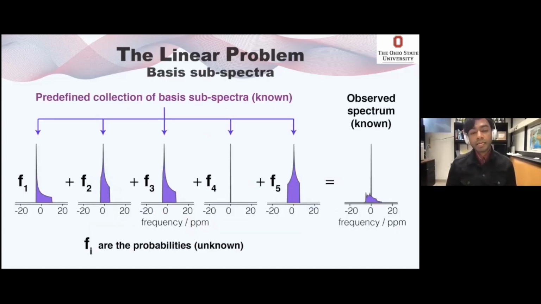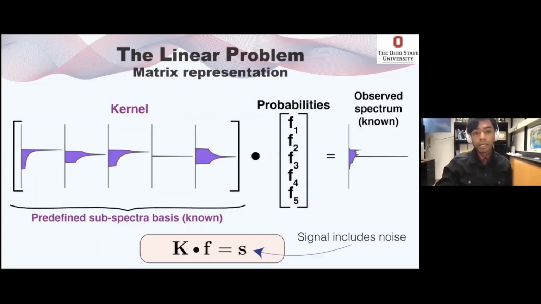To put it into more of a graphical illustration, we have F, which are the probabilities, and the line shapes, which are what I'm calling the basis subspectra. And all you have to do is add the weighting factors times the line shape and then sum it up and equate it to the observed spectrum. Now, if I flip it over and put it into a matrix representation, then all the line shapes are stacked into columns, and that gives you a matrix which is a kernel for this problem.